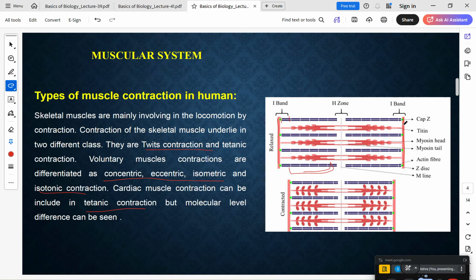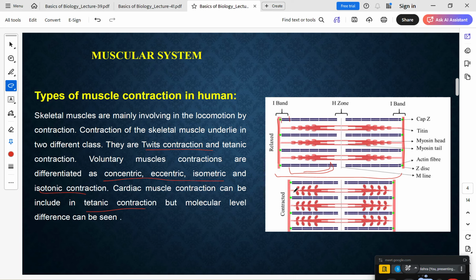There is a Z cap which makes sure that the actin is stable and does not depolymerize. If there is a contraction, the distance between two Z discs decreases, or the distance between the M line and the Z disc decreases.